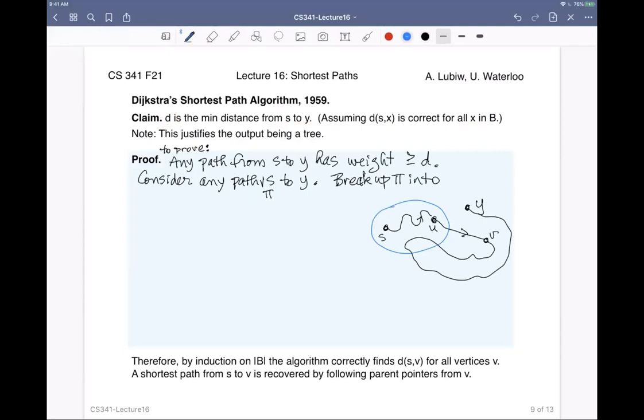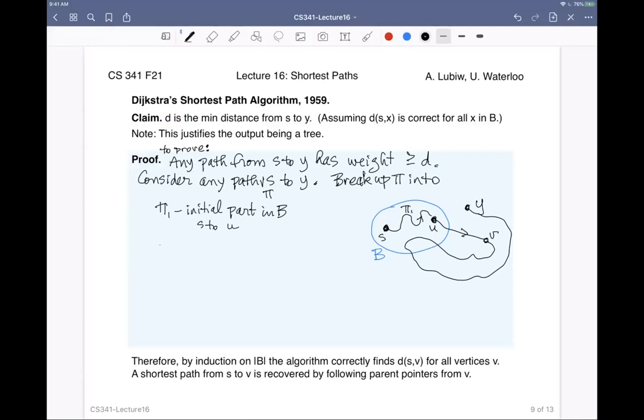So B in blue was my set B. Okay, so I'm going to break pi into pi1, which is the initial part that stays inside the set B. Okay, so in this picture, pi1 is the part that goes from S to U, staying inside B. Then the path has to have some edge that steps outside B, right?